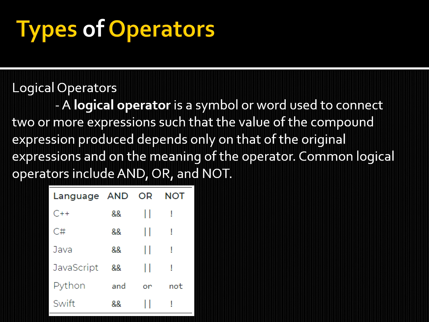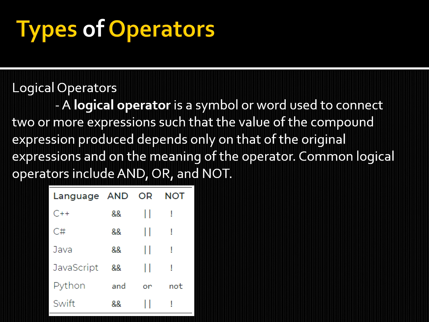A logical operator is a symbol or a word used to connect two or more expressions, such that the value of the compound expression produced depends only on that of the original expressions and on the meaning of the operator.